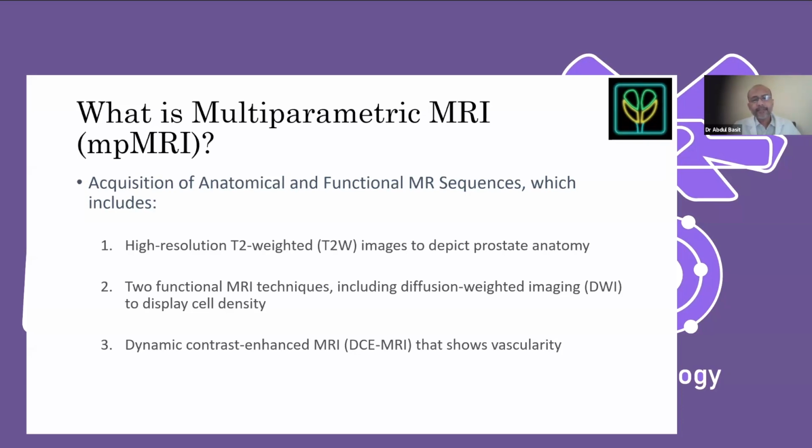And the functional sequences include diffusion weighted sequences, which display cell density, and the dynamic contrast enhanced sequences, which can better tell us about the vascularity of the lesion whenever we are seeing one.